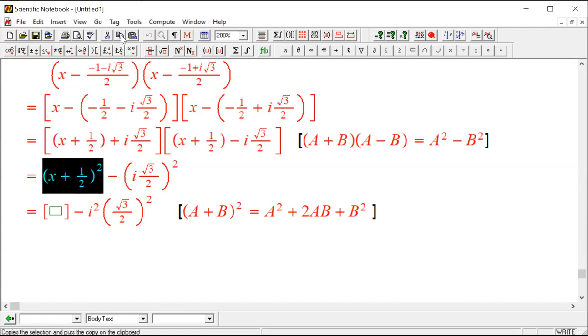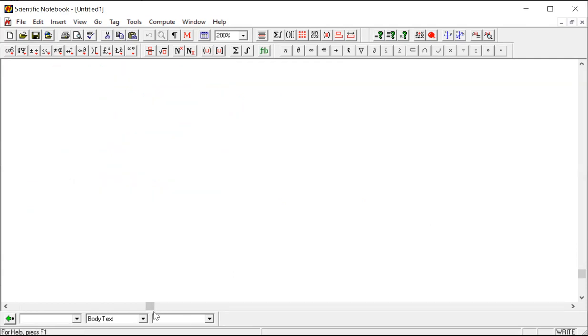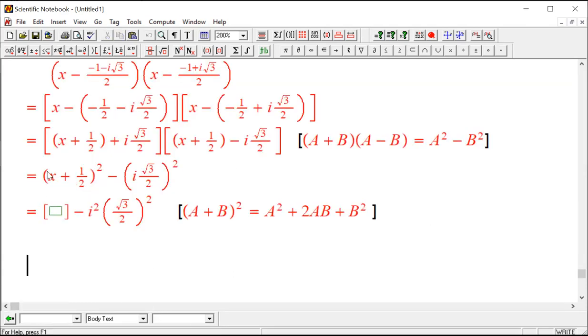So A is X, so X takes the place of A, and everywhere A becomes X. B is half, so everywhere B is replaced by half.